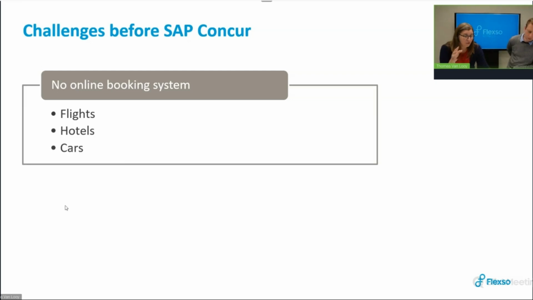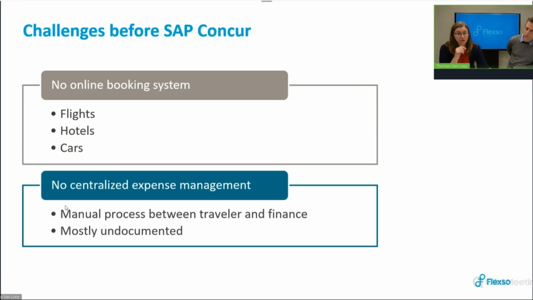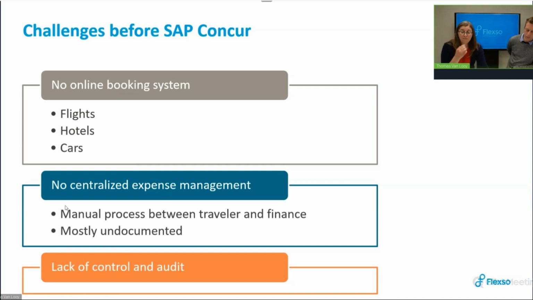And if we don't have a centralized expense management system, if we don't have control and audit in place, things can go sideways. And we decided around 2017 that we needed a system to manage all this. And we went for Concur.